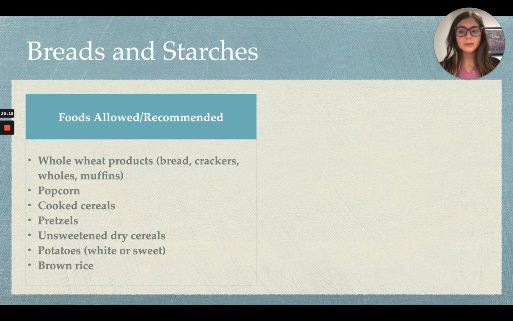Other foods that are going to be allowed: popcorn, cooked cereals such as oatmeal, pretzels, unsweetened dry cereals, potatoes, either type of potato, white or sweet potatoes, and then brown rice. So again, the majority of these food items are going to be higher in fiber, so these carbohydrates will be digested more slowly.